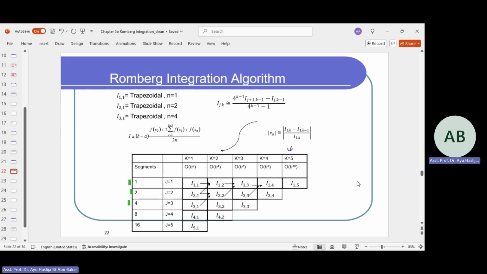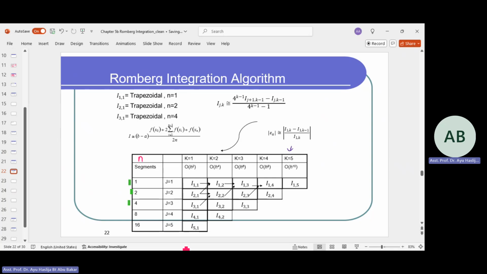I explain this one first. Okay. Romberg, we know that based on segments, j is the estimation number. Going downwards, j. k is going sideways, the level. So k1, k2, k3, k4, all of these.